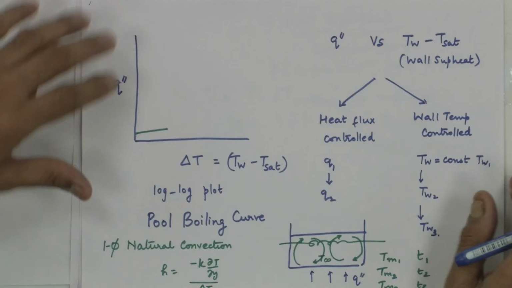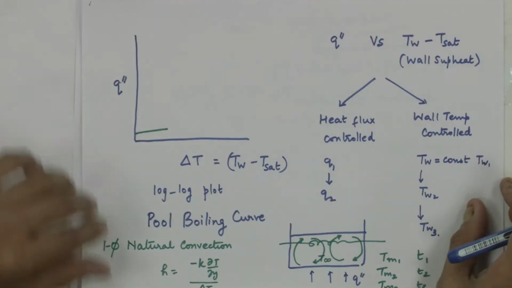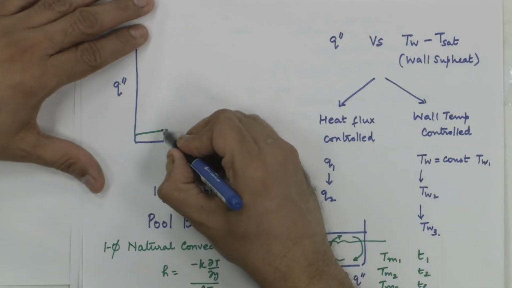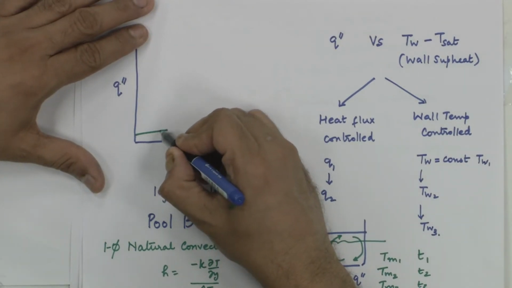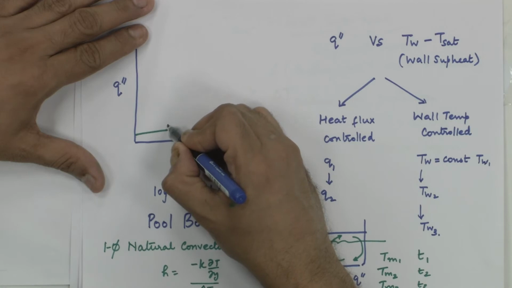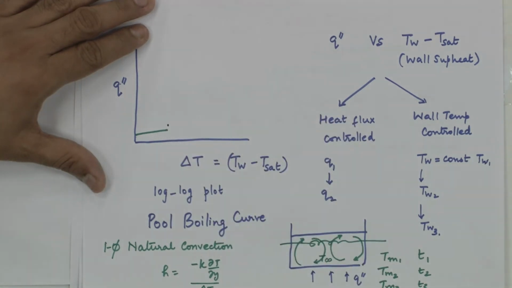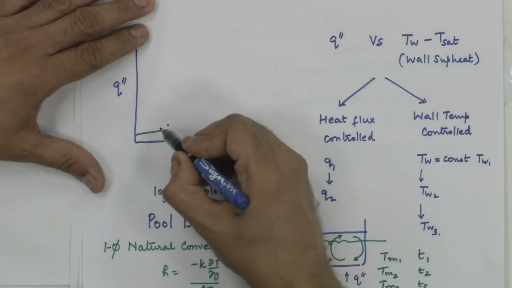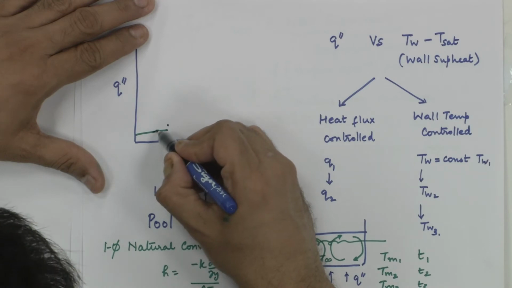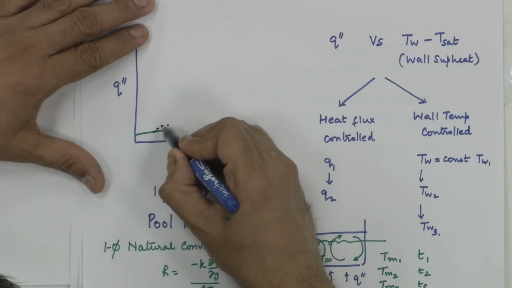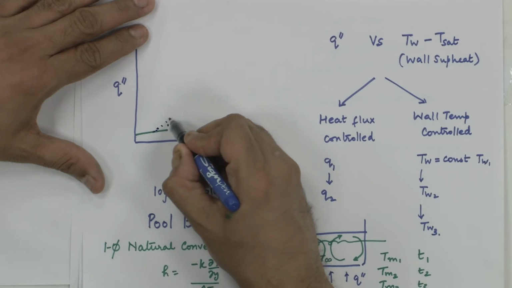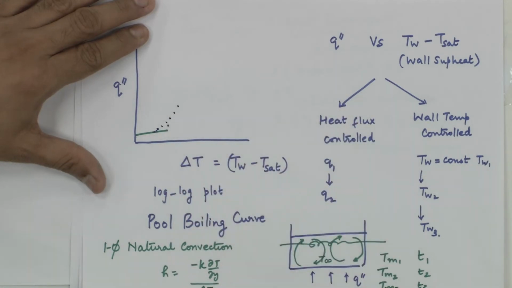The moment you have this nucleation which is going to start on the boiling curve, you would start to see a small deviation or a slight increase in the heat transfer. Why? Because from here on, the latent heat starts to get used by the fluid.